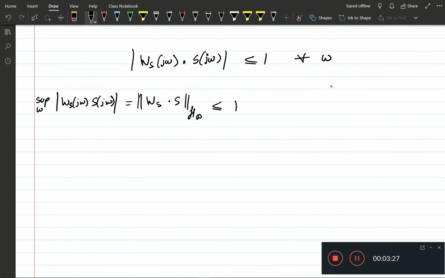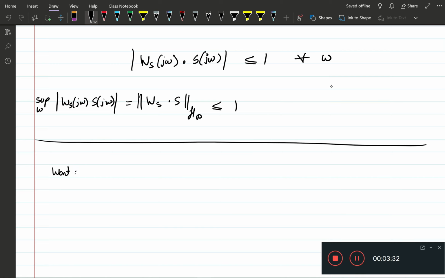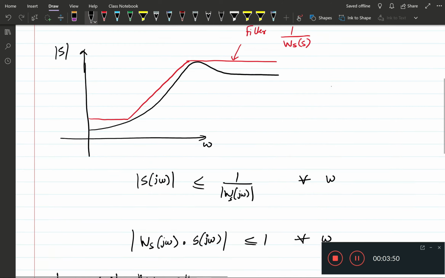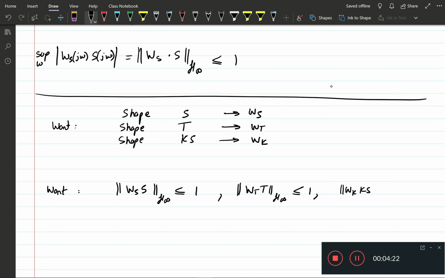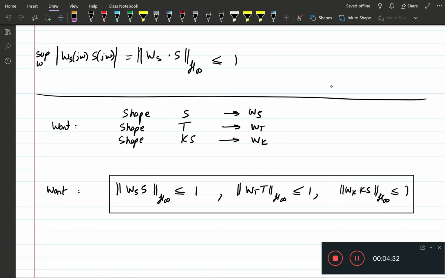Now if we want to shape S, T and KS by shaping filters Ws, Wt and Wk, then what we really want is these three conditions to hold.